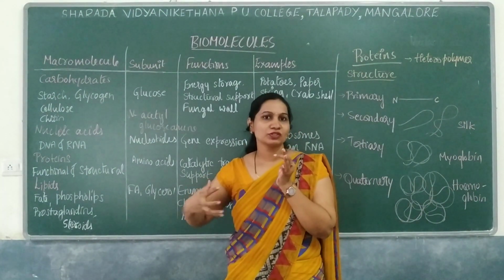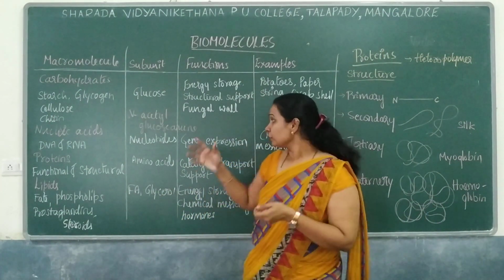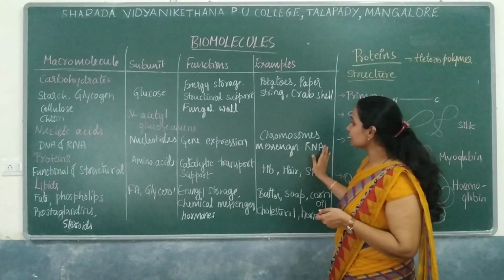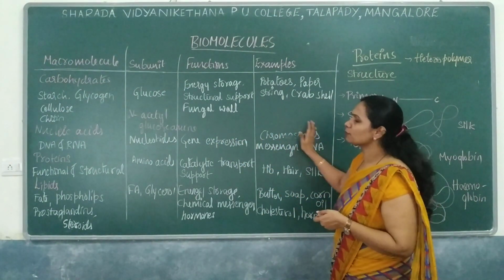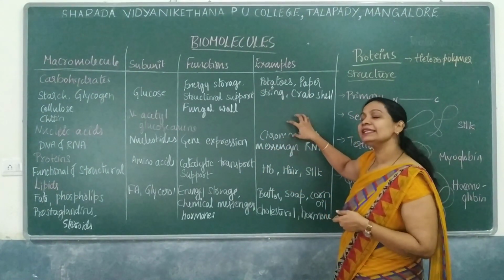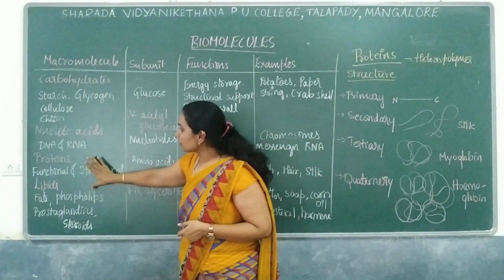So there is a presence of different kinds of RNA. It also helps in the process of protein synthesis, that is RNA, whereas DNA is mainly acting as a genetic material.